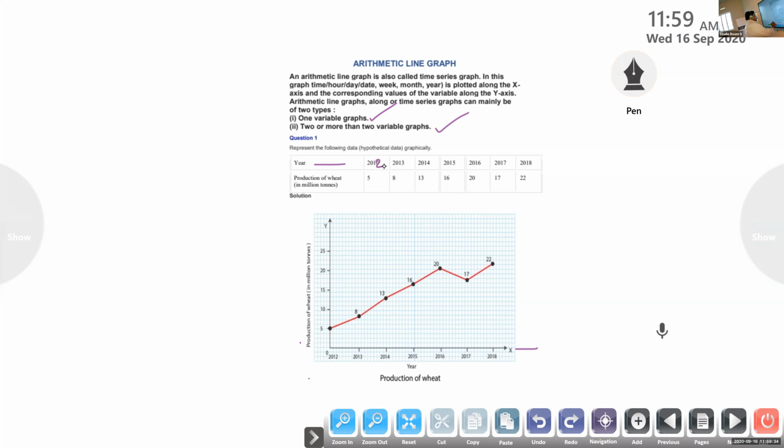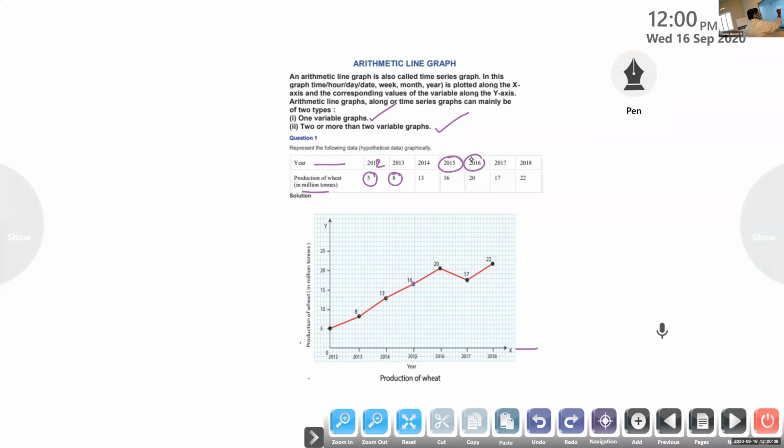Here it is 2012, the total production of wheat in million tons is 5, so mark 5 here. Next, 2013 is 8, we mark 8. Next, 2014 is 13, we mark 13. Next, 2015 is 16, marked 16.